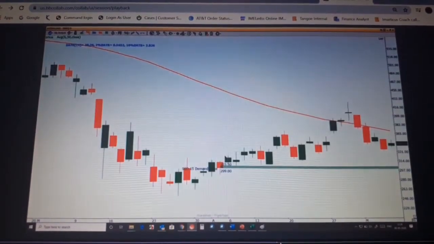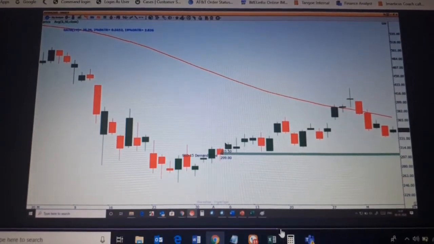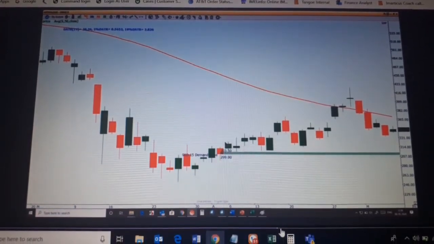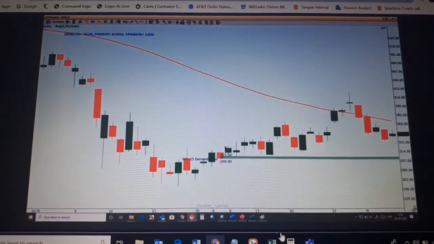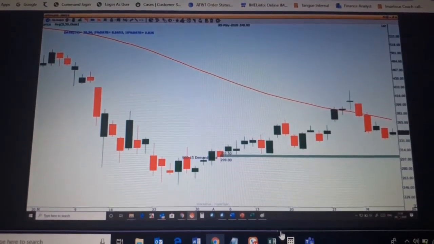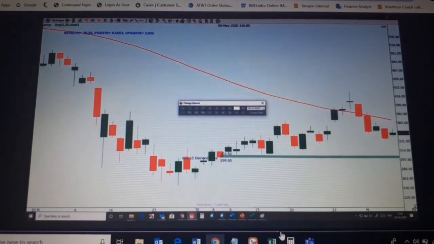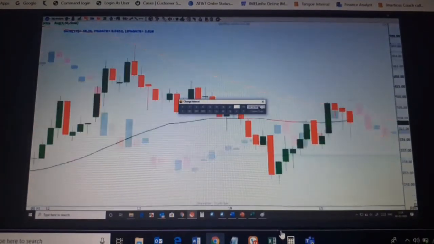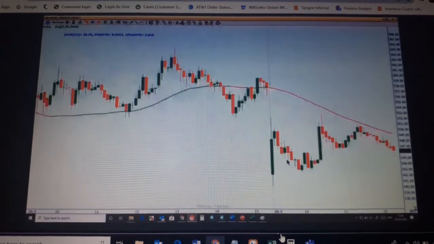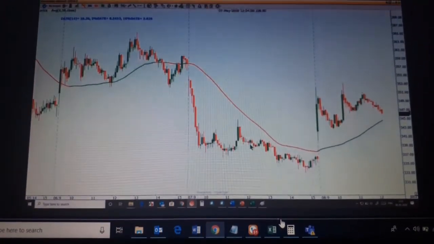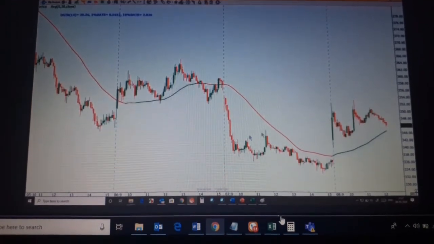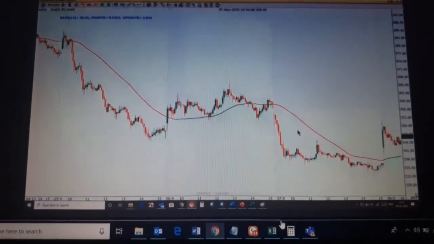And if my trade is hourly, where will I mark my zone? 5 minutes. Okay. So this was the scenario.